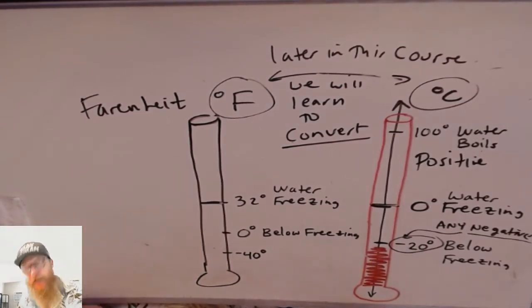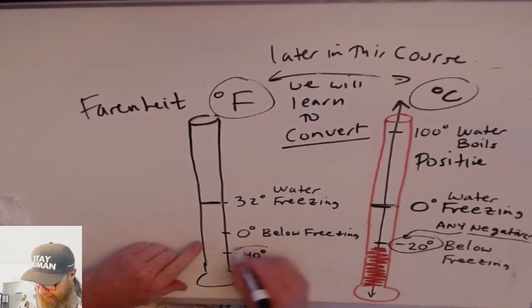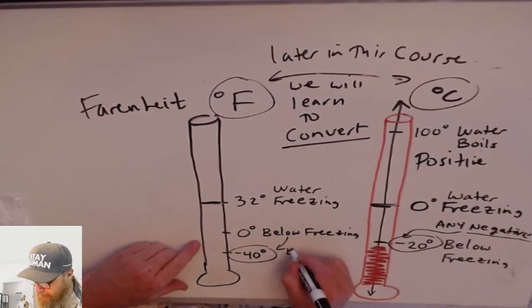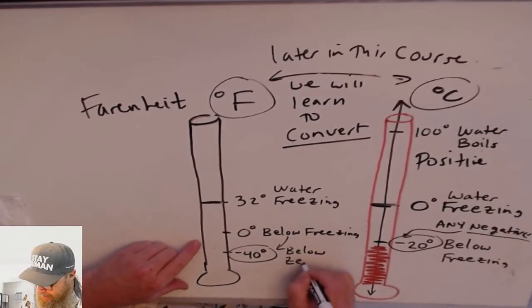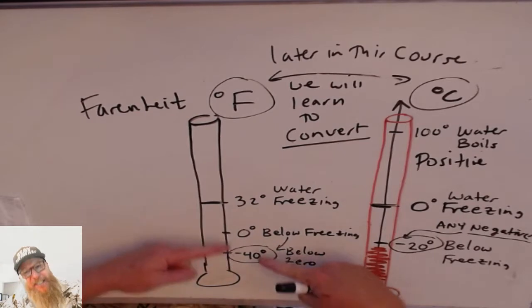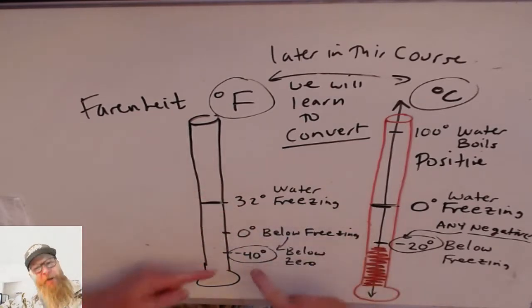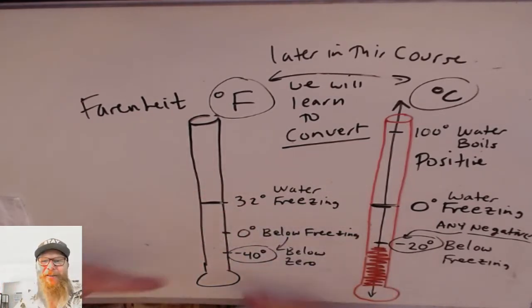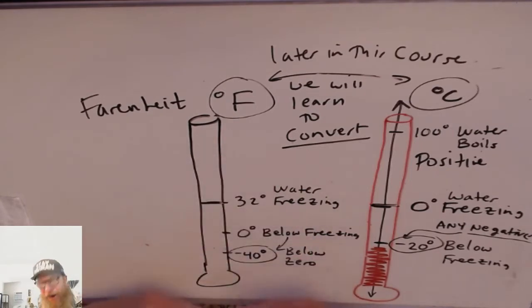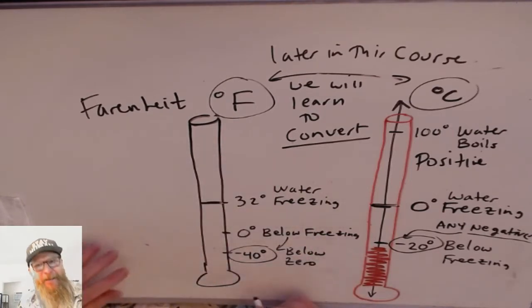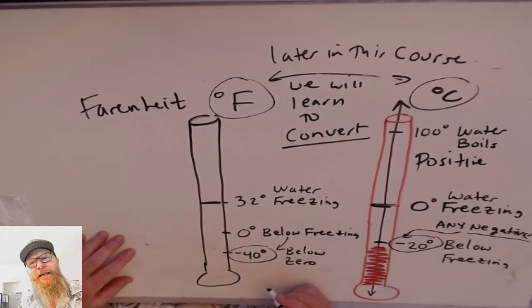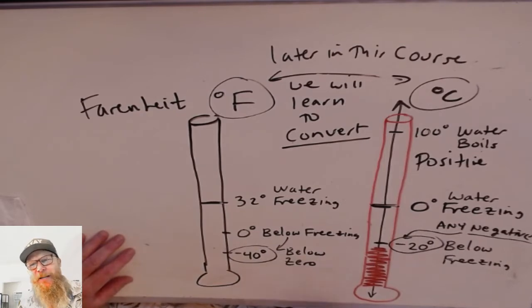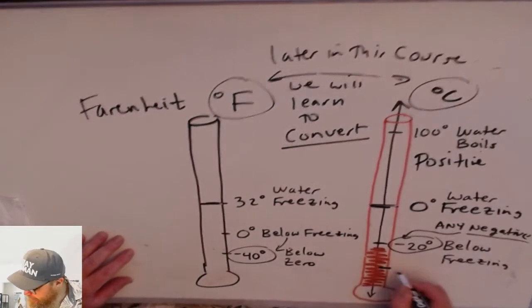Negative 40 degrees is negative 40 degrees below 0, but it's actually 72 degrees below freezing. All right, so the negatives in Fahrenheit are much, much lower than the negatives in Celsius.